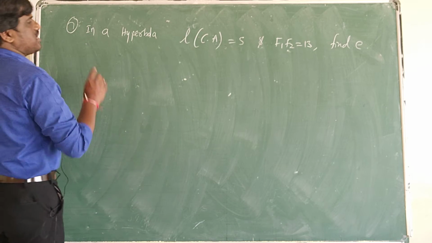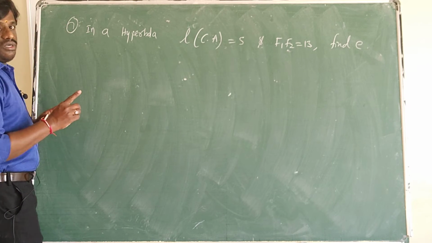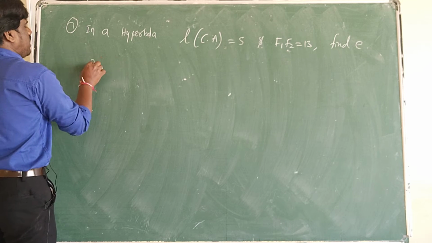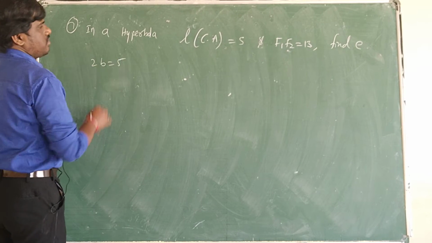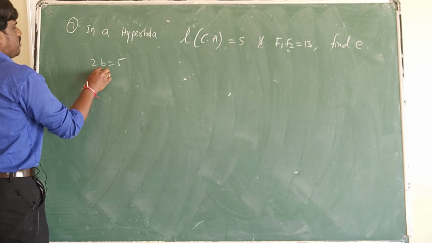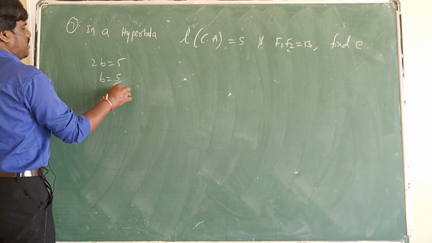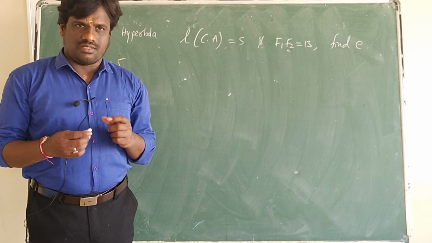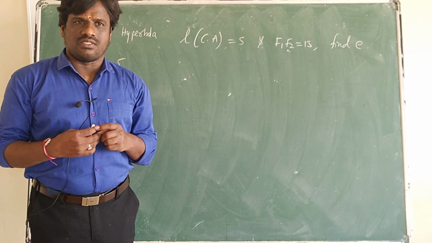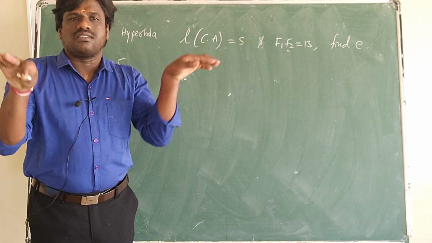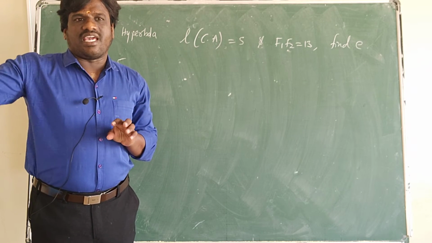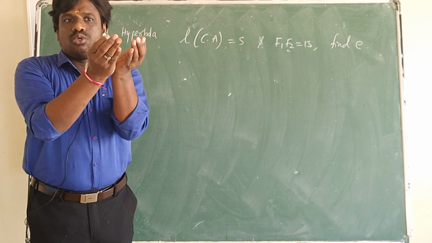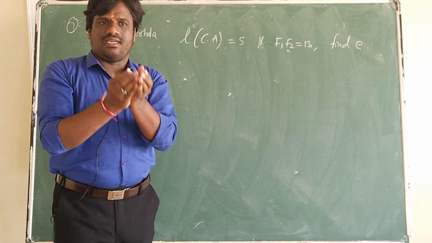So, the length of the conjugate axis. Conjugate axis means 2b. The length of the conjugate axis is 2b. So 2b is equal to 5 that you have, then b is equal to 5 by 2. The distance between the foci F1 and F2: what is the F1F2 distance? This is ae, this is minus ae. So the distance will be 2ae.